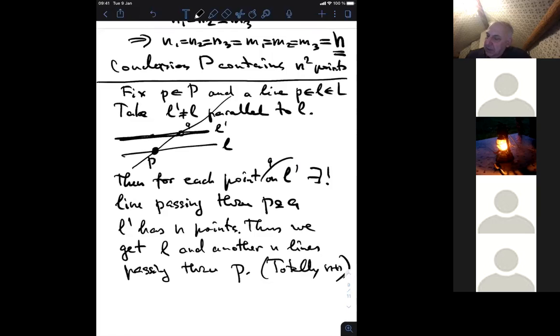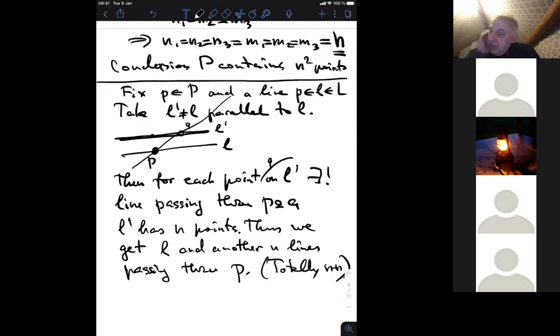And why is that? Okay, assume that there is. If this line is parallel to L, then it should coincide with L. If it's not parallel to L, then it's not in the parallelity class to which L and L prime belong, so it intersects any line in this parallelity class at one point.